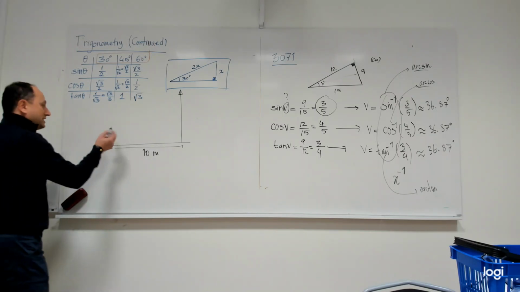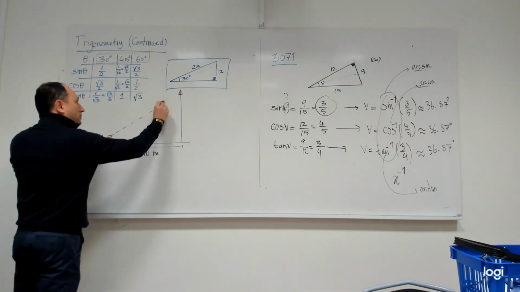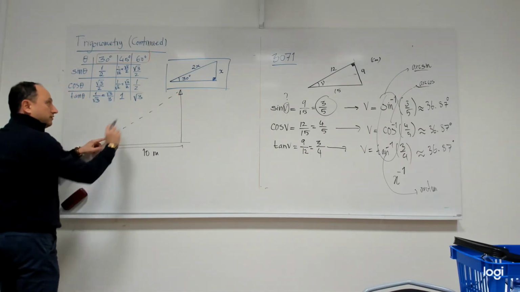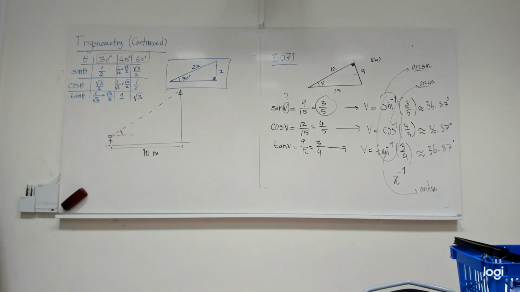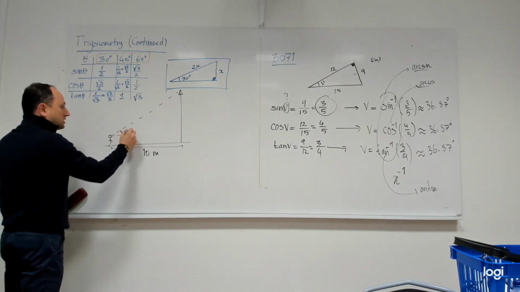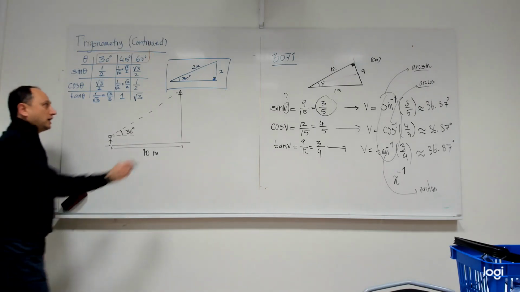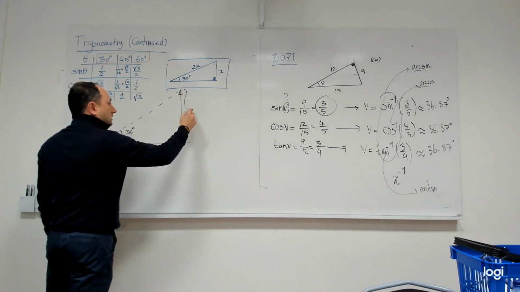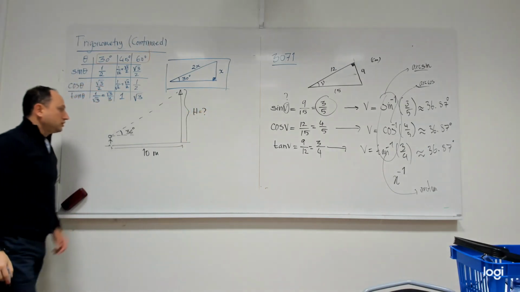Okay, what is that? You can take it and just point it to the topmost point on the flagpole, and then using that instrument you can read this angle. Okay? For example, let us assume that we got 36 degrees. And now I want to find this height. So how should I do it?